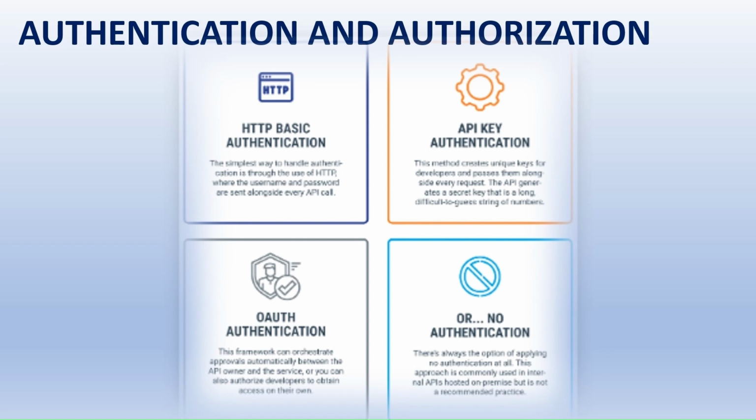OAuth enables API providers to define fine-grained access controls through scopes and permissions, ensuring that third-party applications can only access authorized resources and actions, thus significantly reducing the risk of unauthorized access.